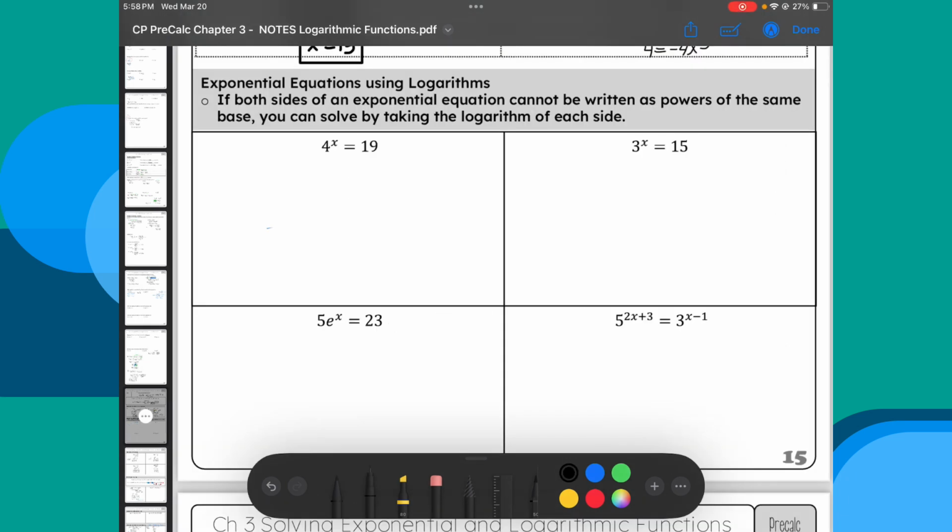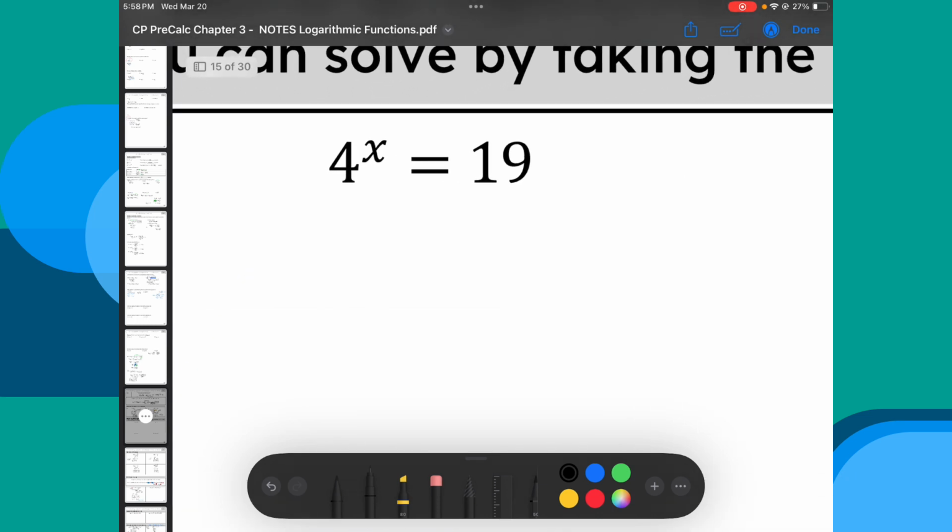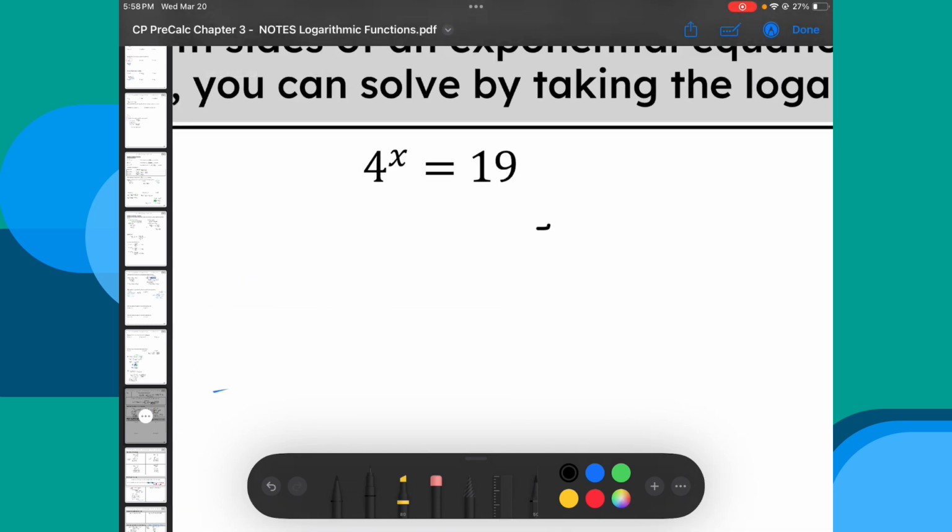All right, so what do we do if you can't write the base of one as the other one, and the exponent is what we're solving for? So if both sides of the equation cannot be written as powers of the same base, you're going to introduce a log. So here we first check, hey, can I write 19 as 4 to the power of something? Or even, 4 is 2 to the second, so could I write 19 as 2 to the something?